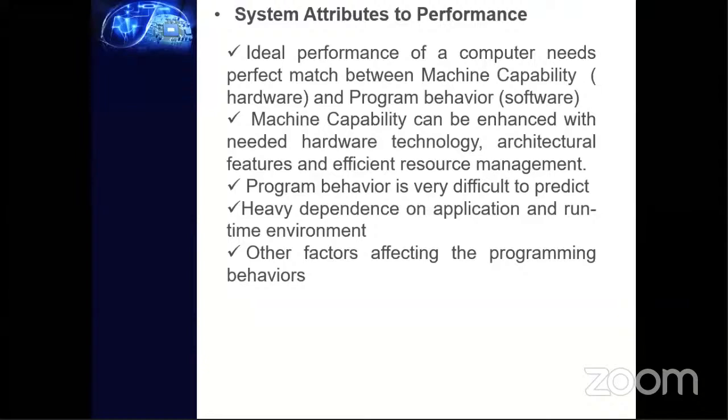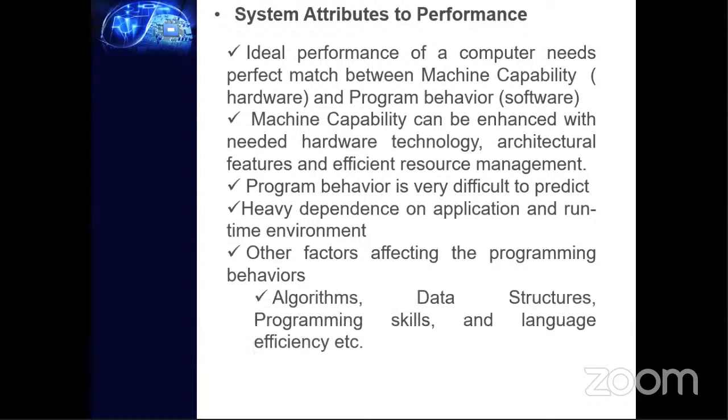So what are the remaining factors that are affecting the programming behaviors? These are all the important points that are affecting the programming behaviors of computers, whether they are sequential or parallel: algorithms, the selected algorithms for doing the program process; the data structures used for arranging the data; programming skills, the programming skills of a programmer; and the language efficiency, the features that are available within the selected language.